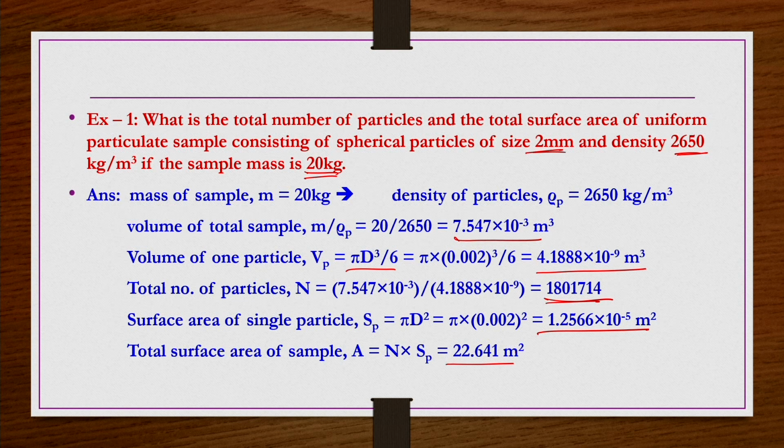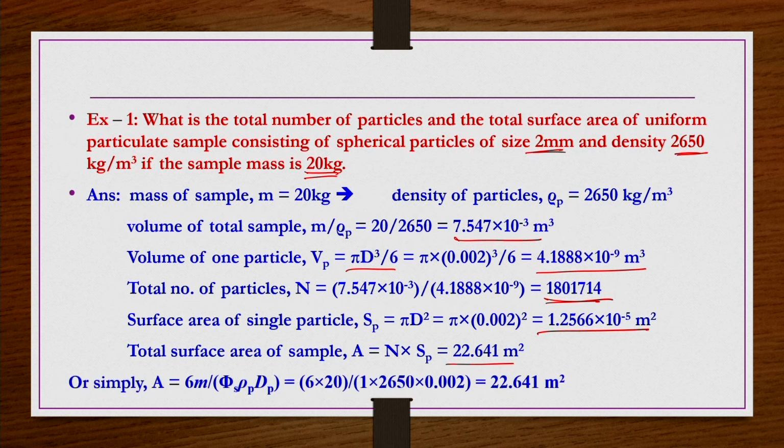Let us say you are not asked to calculate the number of particles, but only the surface area of the sample directly; you can use this equation. A is equal to 6 m by pi s rho p dp, and then substitute these numbers, and you will get the same number, 22.641 meter square, in one single step. This we are doing because you also need to obtain the total number of particles.